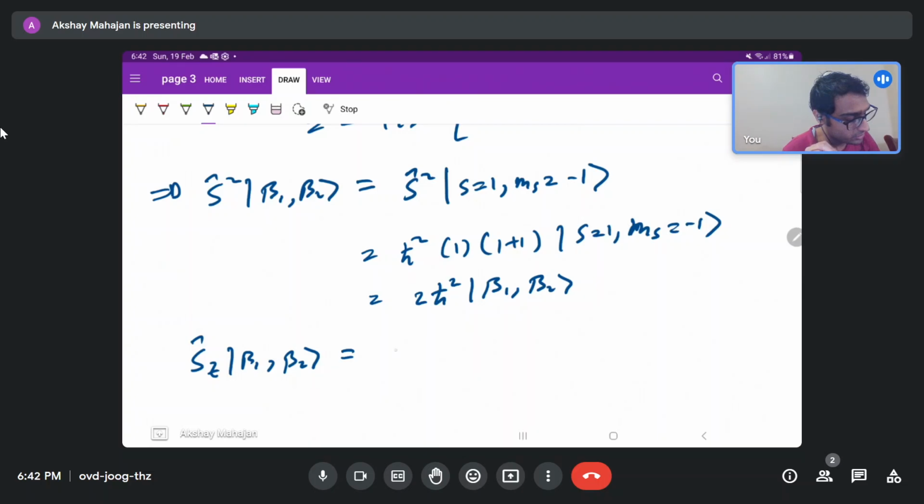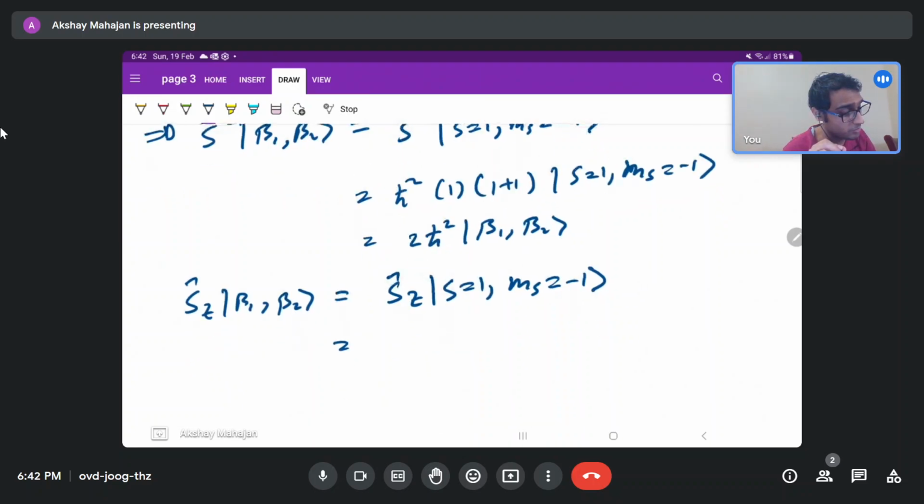You know that it's h cross times M_S. M_S is minus 1, so we have minus h cross times beta 1, beta 2.